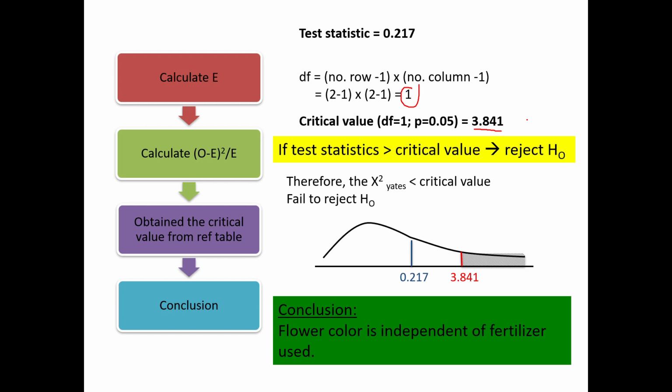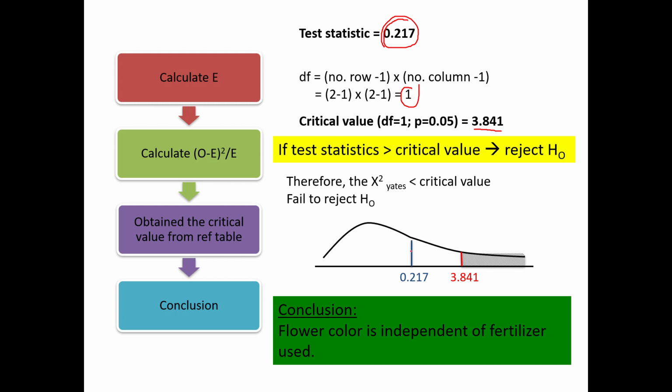So now we need to do our conclusion. So you do not need to memorize this. Always draw your distribution, and after that, pinpoint where is your critical value, 3.841, and shade all the zone over here. And what is your calculated value? 0.217.